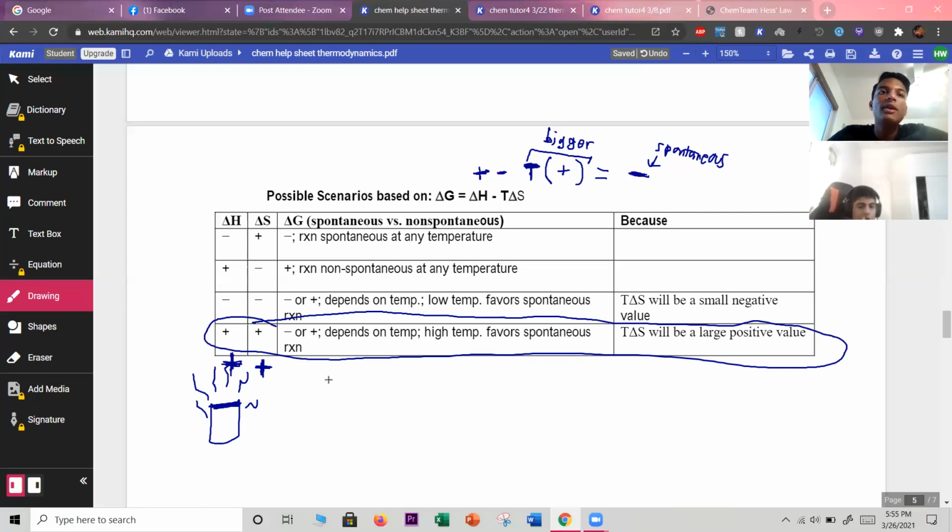So you can write delta G is negative at high temp. See how you can just read this and kind of copy it? The delta G is negative because it says spontaneous at high temperatures.